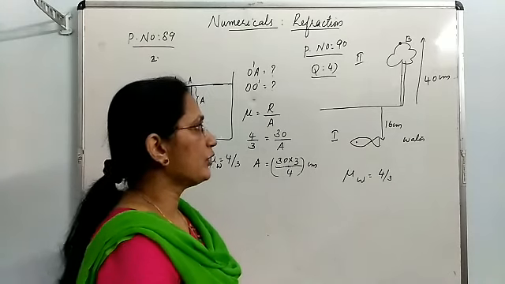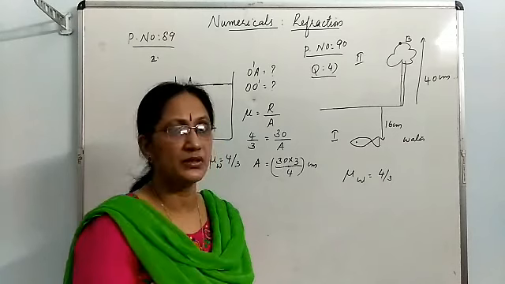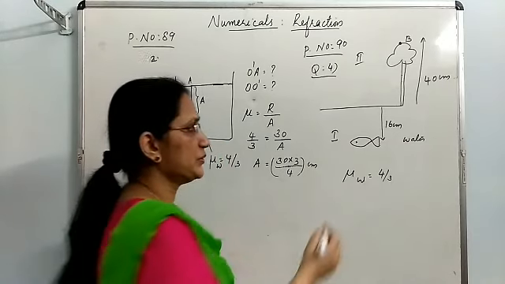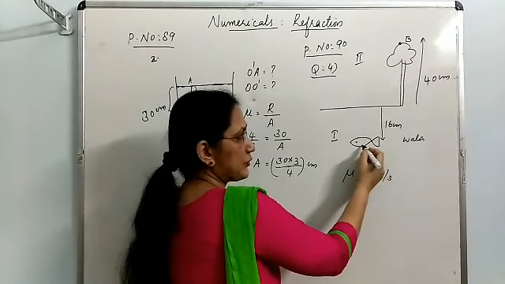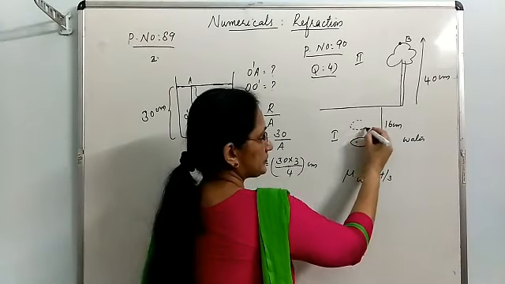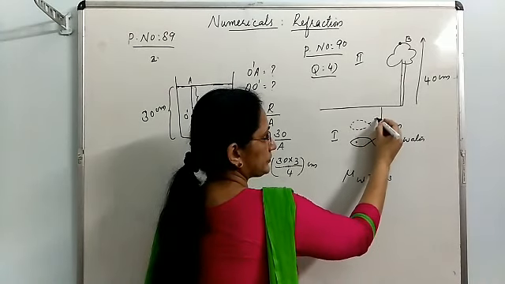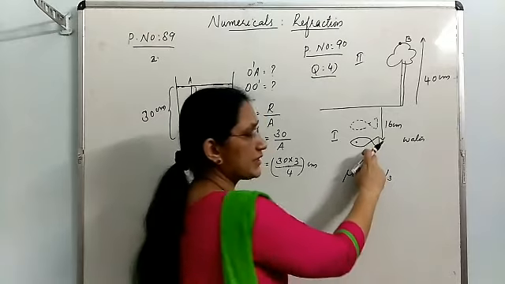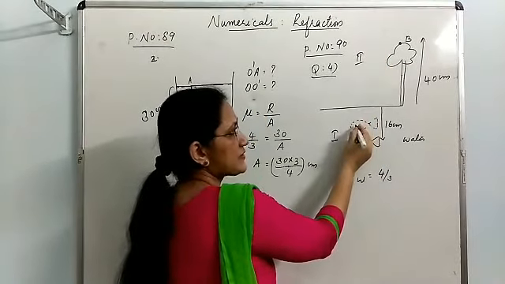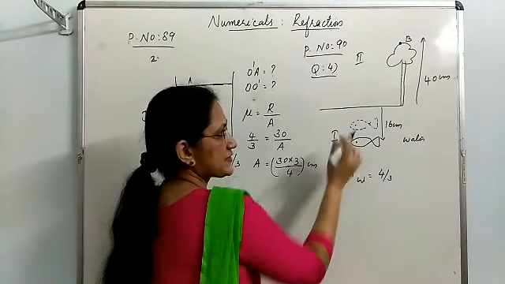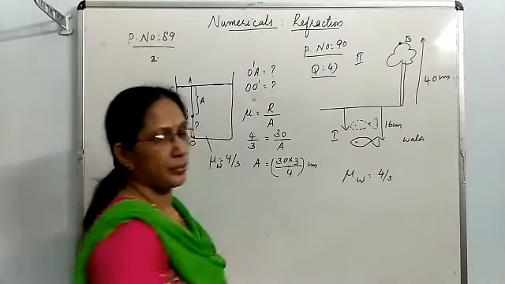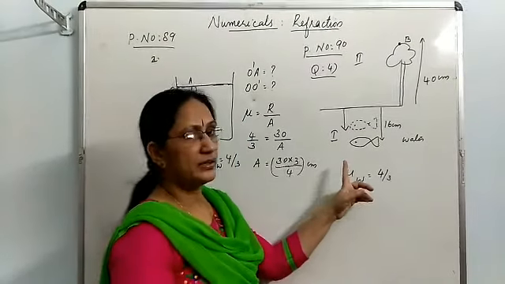Okay, then how we will find out the apparent position or apparent depth of the fish? You know, this is the real position of the fish, and the fish will be seen at another position. This is the real position, but when the bird looks from there, the fish will be seen in a raised position. This is apparent position. What is this distance? Apply the formula.